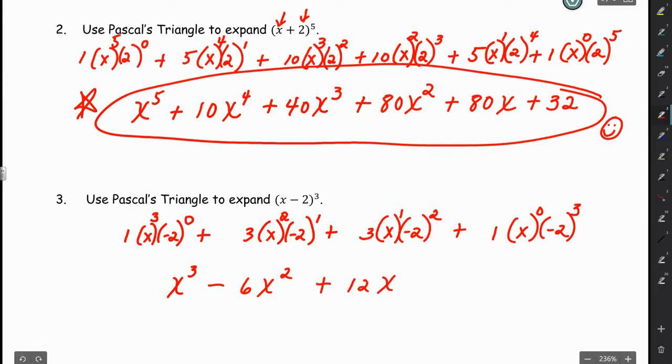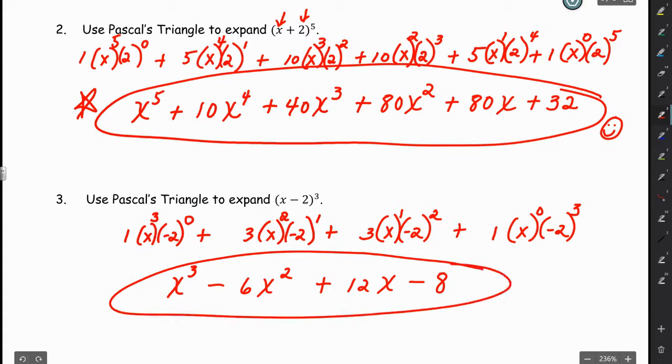And then the last term, we have negative 2 cubed, that's negative 8, times 1, we end up with just negative 8. And that one is done as well. And notice that when we did have that negative part, another pattern you'll see is positive, negative, positive, negative. It'll alternate signs between terms.